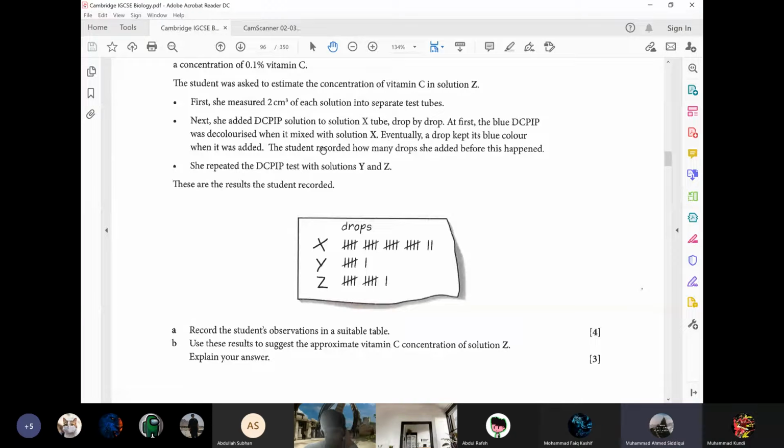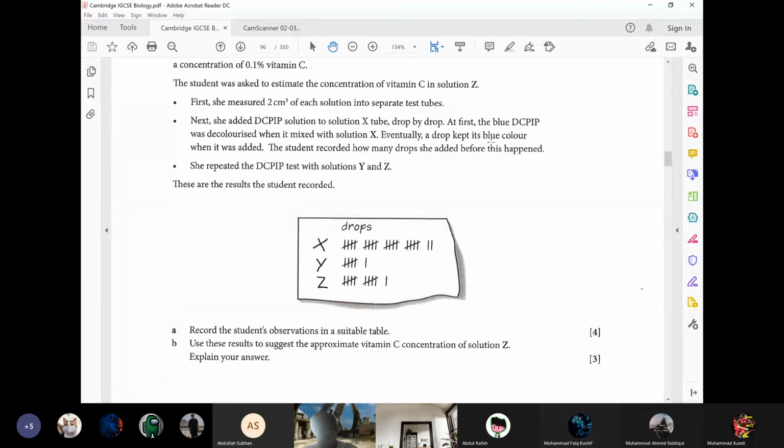Yes, sir. So this is an indicator which is dark blue in color, right? Now what does she do? At first, the blue DCPIP was decolorized when it mixed with solution X. Eventually, a drop kept its blue color.